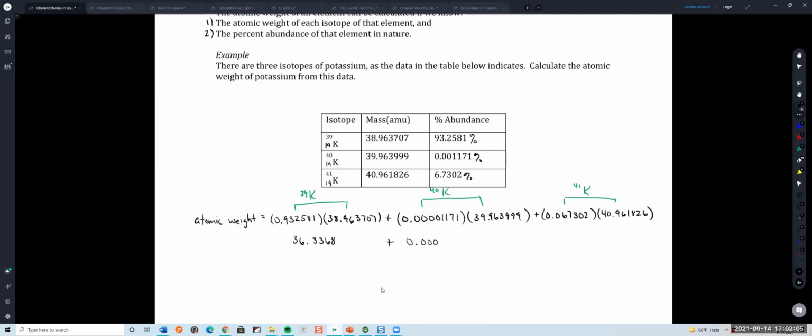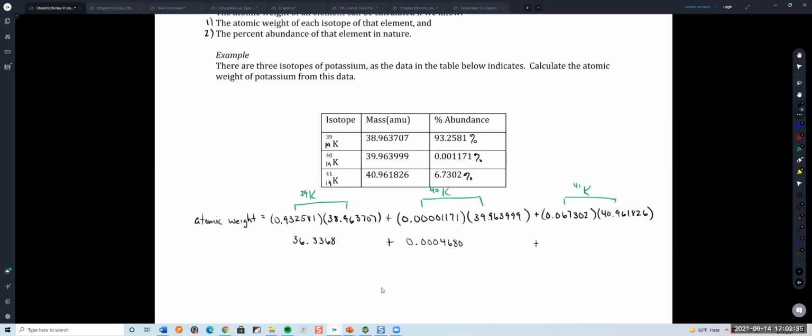So this will be 4680. Plus the last one, 0.067302 times 40.961826.